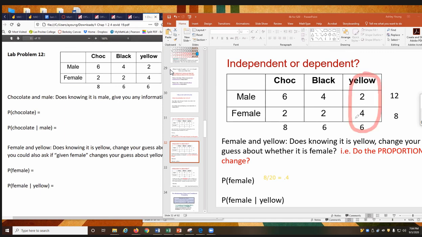Now the probability it's female is 4 out of 6. That's much more likely, 0.67. So these are not the same probabilities, right? So this is dependent.